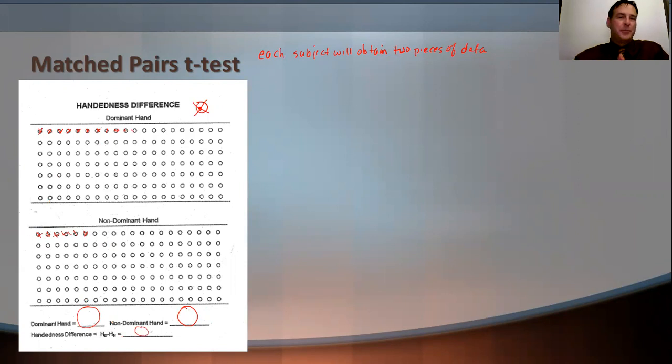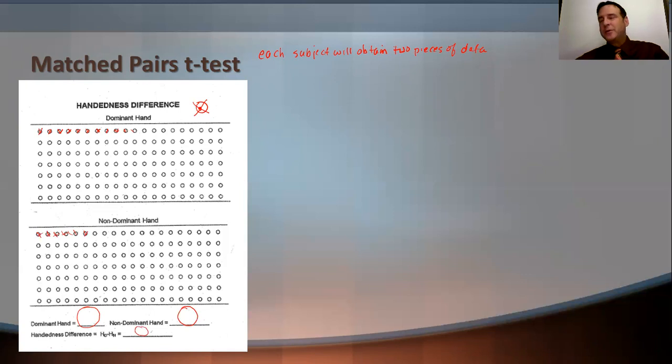Now, some people believe that they are equally good with writing X's with their dominant hand versus their non-dominant hand. Some people feel very confident with their non-dominant, either hand or foot, with respect to doing activities. Some believe that you may be a little bit better with your dominant versus not. What we want to know is, are you going to be statistically significantly better in this activity with your dominant hand versus your non-dominant hand?